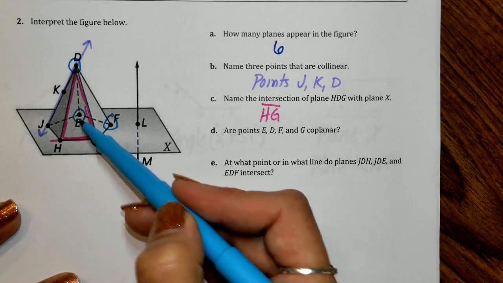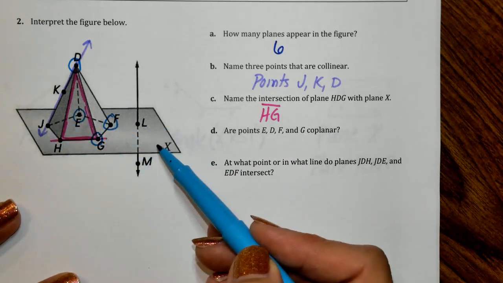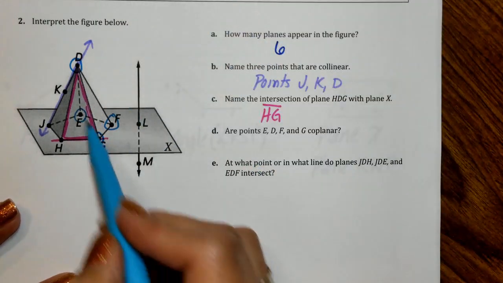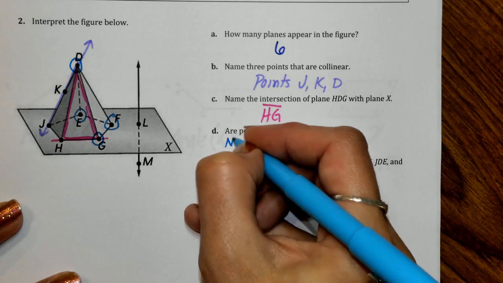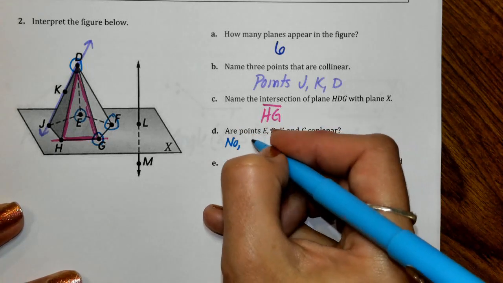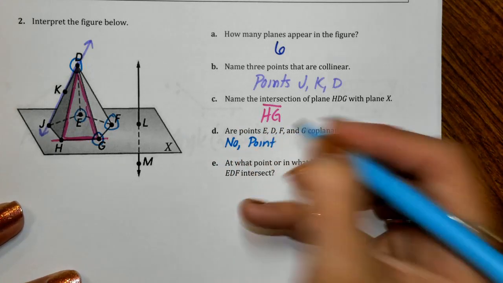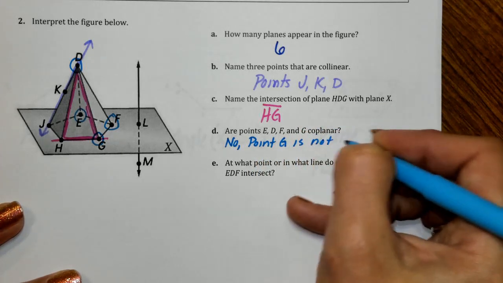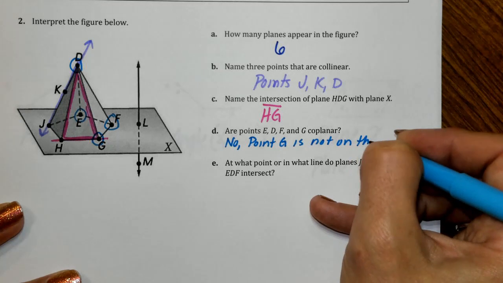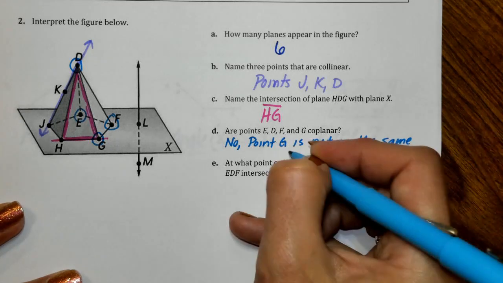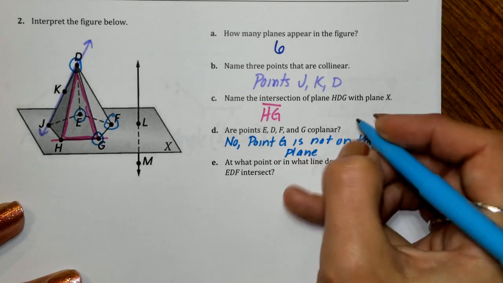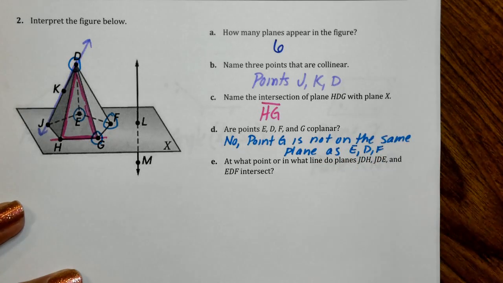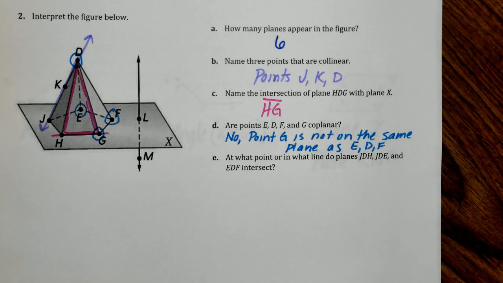You could say G, F, and E are on the same plane, plane X. You could say E, D, and F are on the same plane, but if you combine all four of these, they are not all on the same plane. So we'll say no. And we just put in here the reason why point G is not on the same plane as E, D, and F. Go ahead and pause and make sure you have that written out.